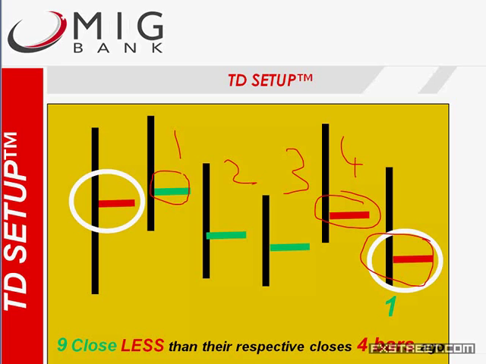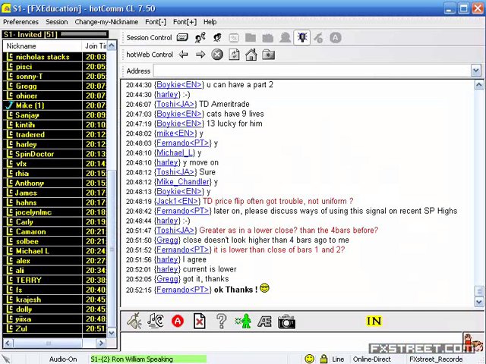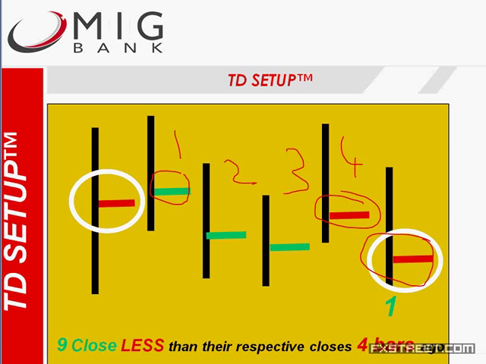Here we can see basically the same model developing out into the future, and we have day 1, or the first minute or the first week or month of this process taking place in the TD setup stage. Is everyone okay with that? So stage 1 is 9 closes less than their respective close 4 bars ago. The key point here is it's consecutive.